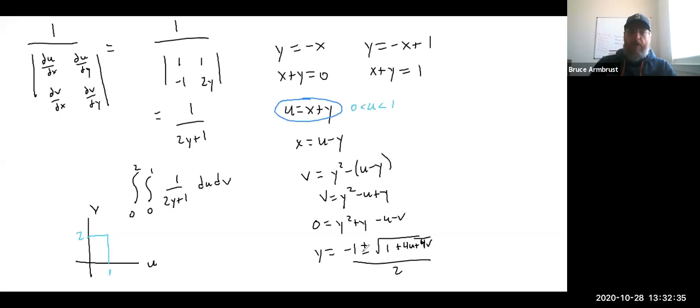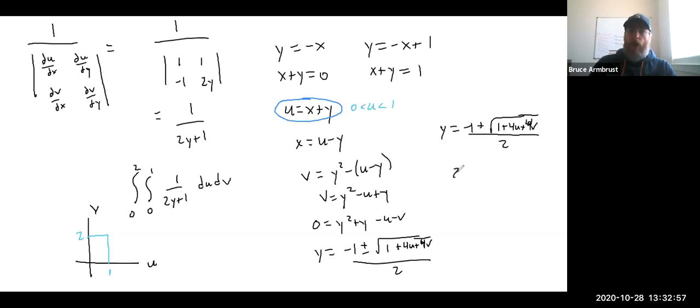So let's just go with the plus 1. Like I said, we kind of got to go with something. So let's go with y is equal to -1 plus the square root of 1 plus 4u plus 4v, all over 2.